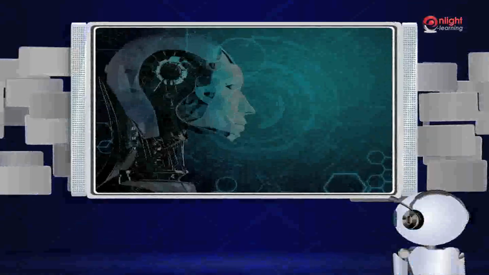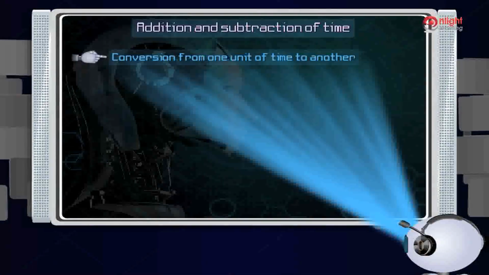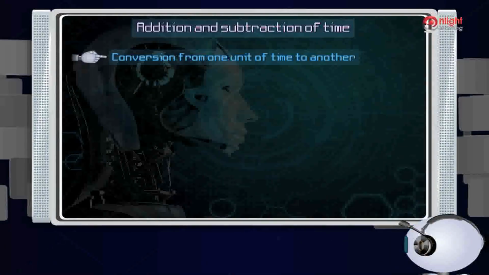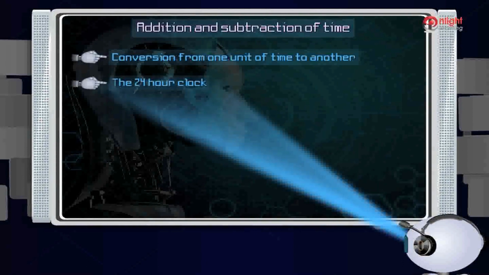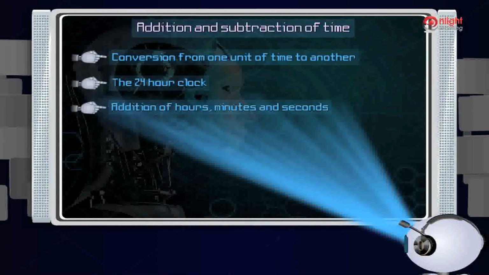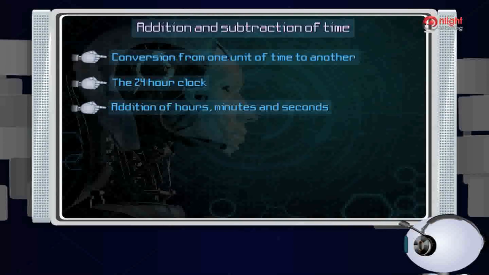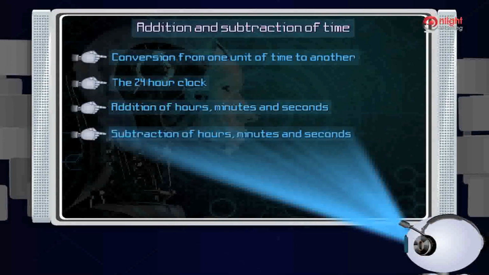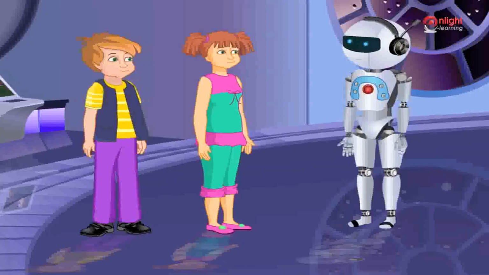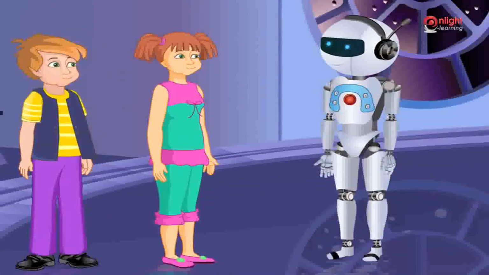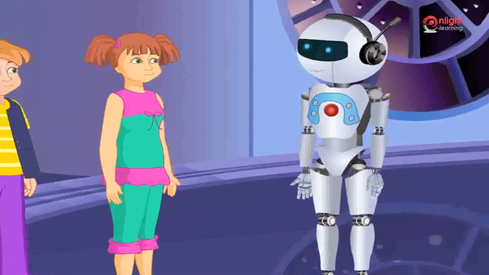In this session, we will learn conversion from one unit of time to another, the 24-hour clock, addition of hours, minutes and seconds, and subtraction of hours, minutes and seconds. In the previous classes, we learned about the different units of time.